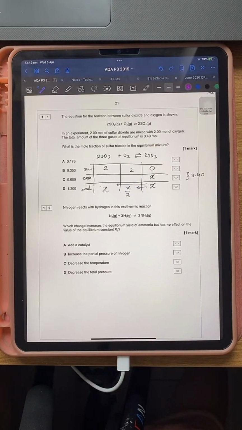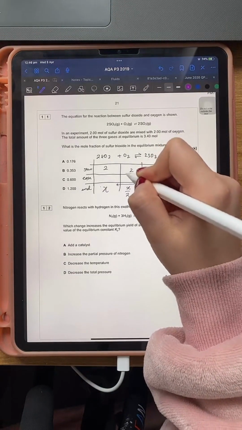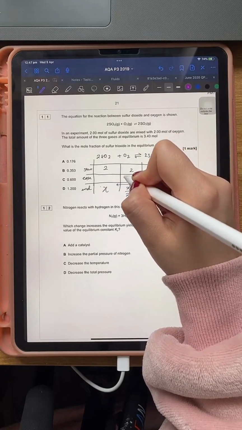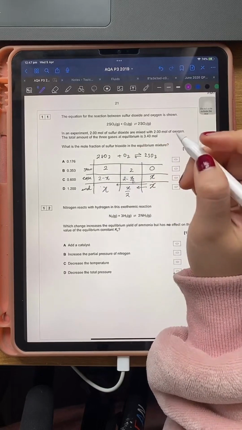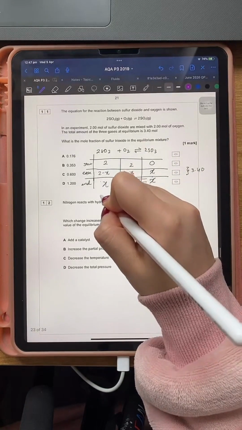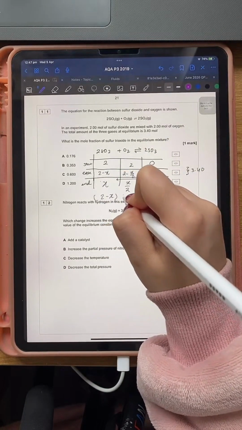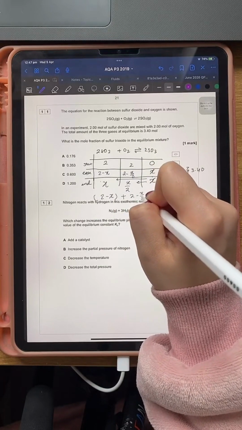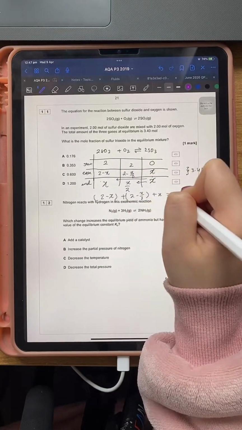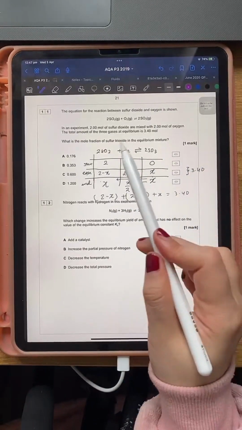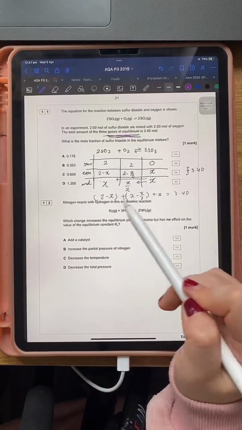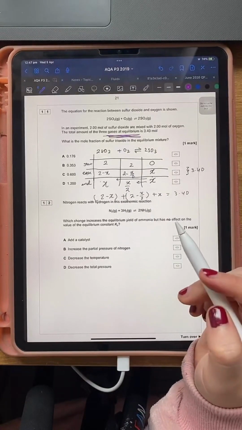And then you can find the change by taking them away. 2 minus x over 2, 2 minus x. 2 minus x will then be added with 2 minus x over 2 plus x equals 3.4. Why did I add them up? Because it says here that the 3 gases give you this amount. Solve for x and you get the answer.